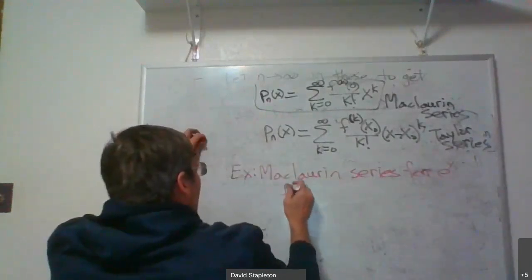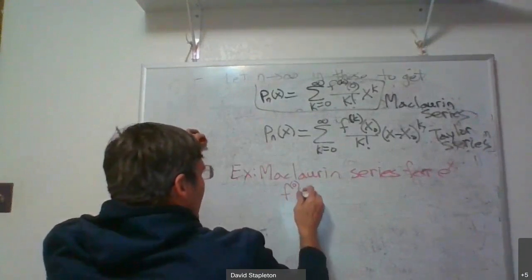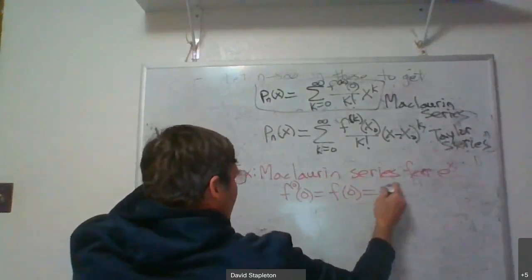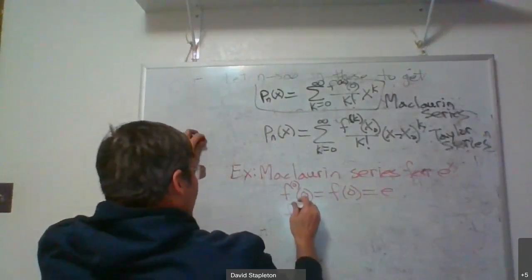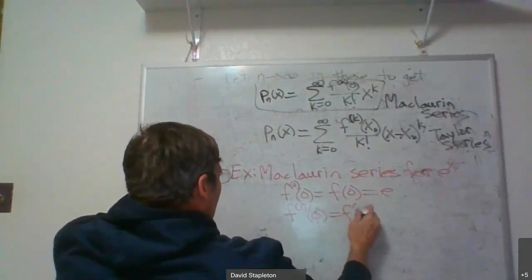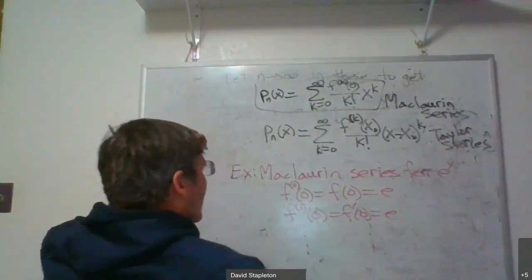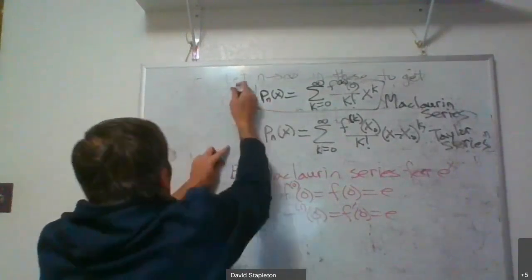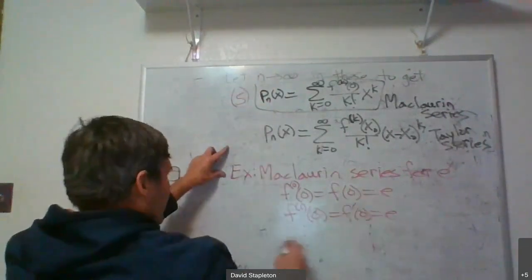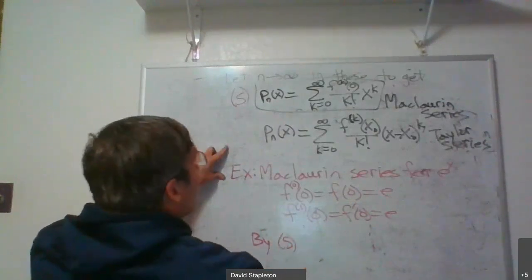We found out that the zeroth derivative at 0 is the function itself. The first derivative at 0 is e to the 0, and so on and so forth forever. All right, so if I take this formula and call that 5, with every derivative being e to the x, we can say by equation 5, evidently.